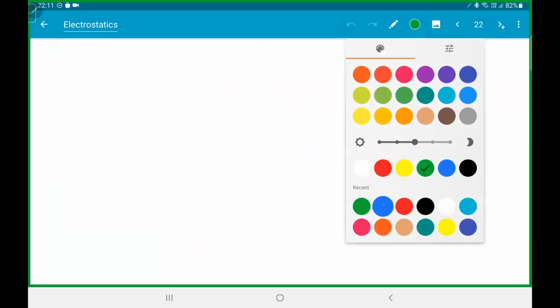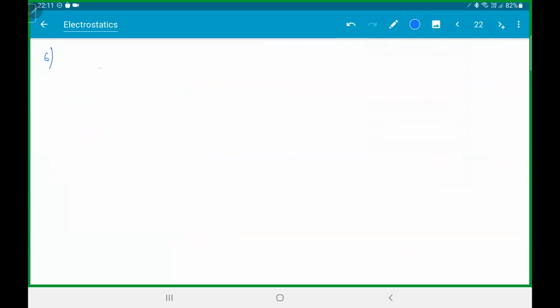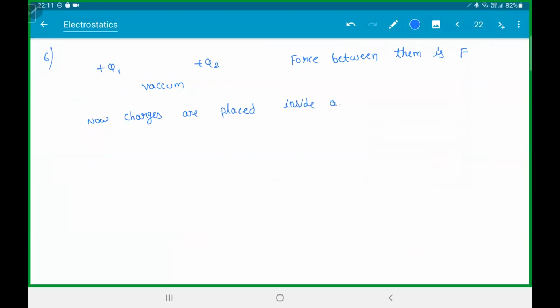So see how they'll frame the question. We have two charges, Q1, Q2 in vacuum. Force between them is F. Now the charges are placed inside a medium whose epsilon R is 5.